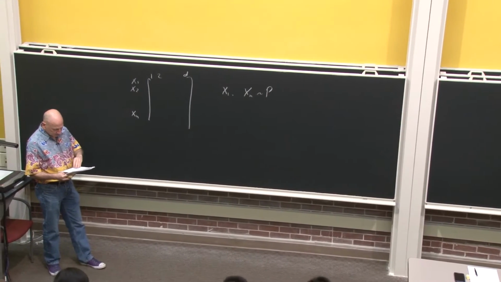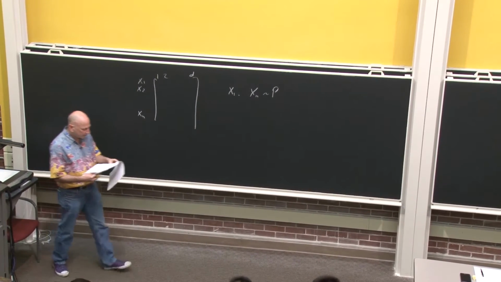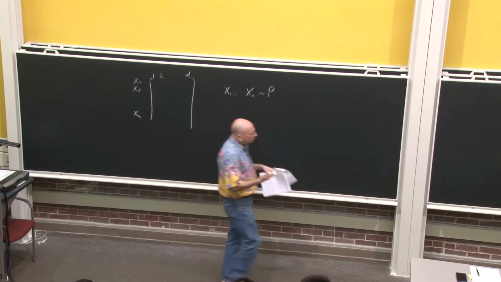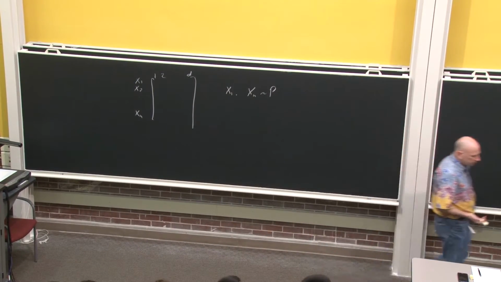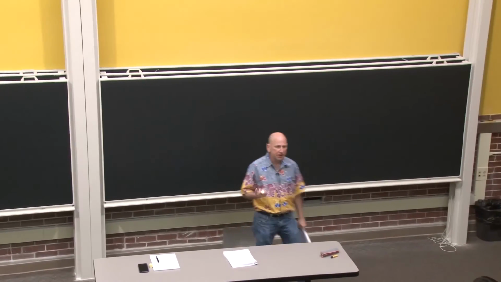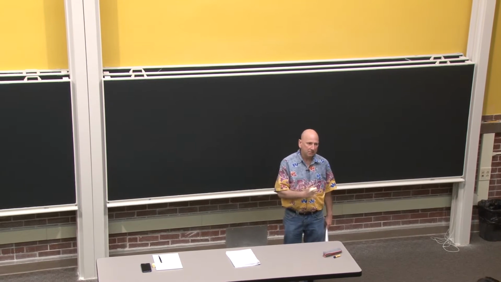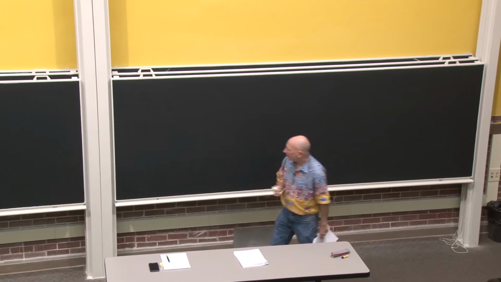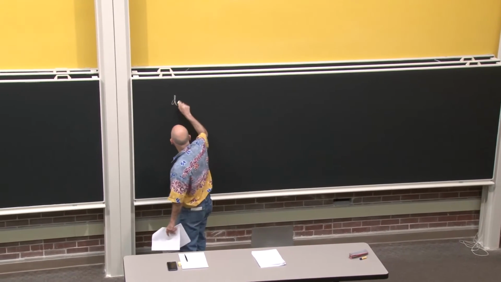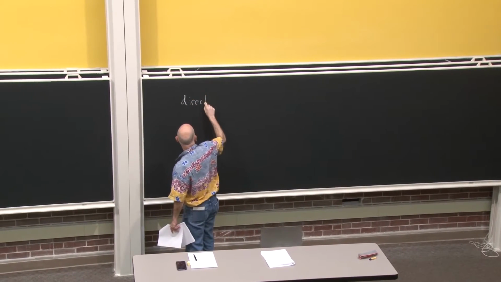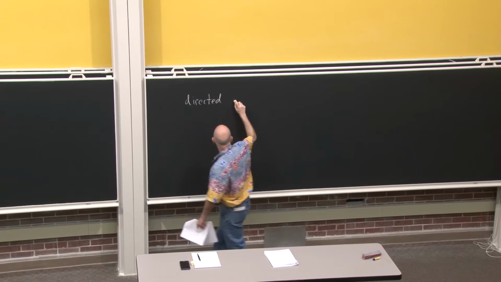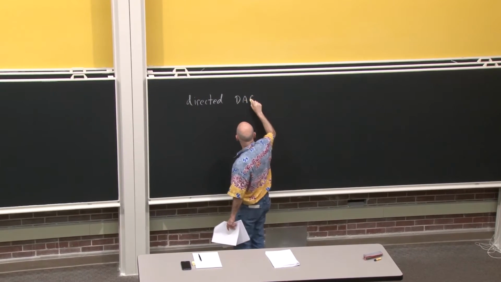And so that's the kind of graphs we want to talk about. Now graphical models, where we're talking about some graph that's related to some probability distribution in some way. There are many, many different types of graphs. The most common ones are directed, in fact directed acyclic graphs, DAGs, and undirected.